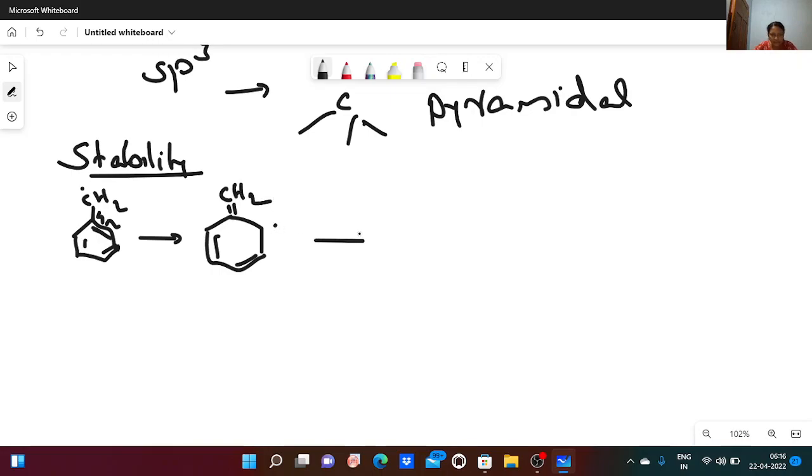Then we can have the next structure. Resonating structures are represented by a double headed arrow, and here we use a half-headed fish hook arrow for homolytic fission. Then a dot here, a double bond here, using the unpaired electron and the new unpaired electron, then a double bond CH2.